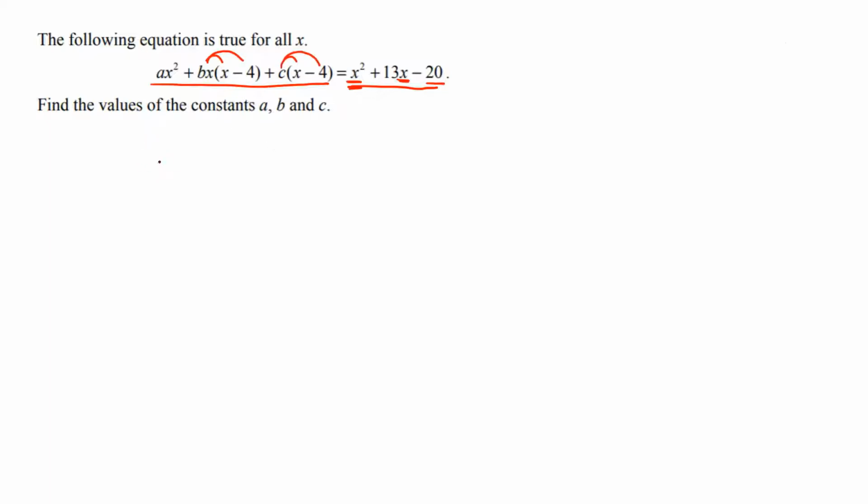So if we multiply out those brackets, we're going to get ax squared plus bx multiplied by x is going to give us bx squared, minus 4 multiplied by bx is going to give us minus 4bx. And then if we multiply out the next brackets, we're going to get cx minus 4c. And all that should be equal to x squared plus 13x minus 20.